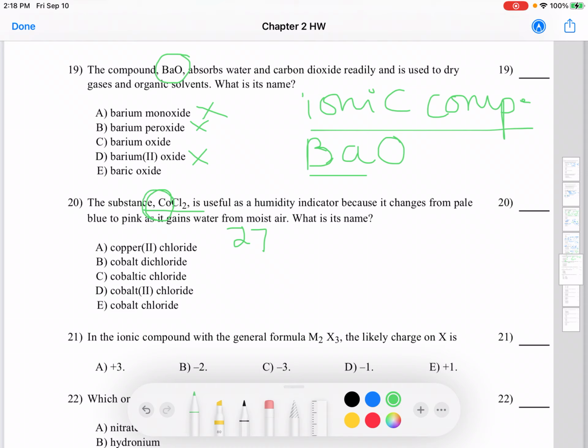Since this is an ionic compound, cobalt is a metal and chloride is a non-metal. So it is an ionic compound, right? And then you see whether the metal is going to be a main group or a transition element. It's a transition element. So we need to find out what the charge of the cobalt is.